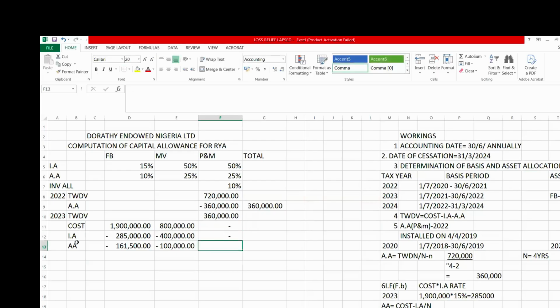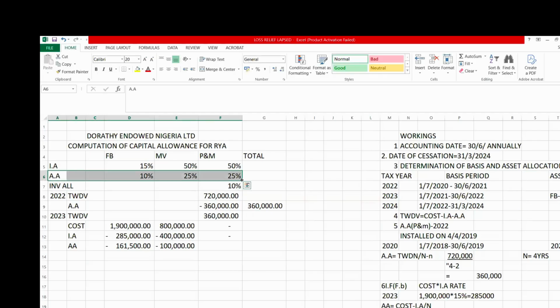Then in 2023, the annual allowance. This asset has a tax written down value of 360,000. If you look at it, this asset started claiming capital allowance from the 2020 year of assessment: 2020, 2021, 2022, and 2023. 2023 happens to be the 4th year, and we are set to claim the annual allowance for 4 years.